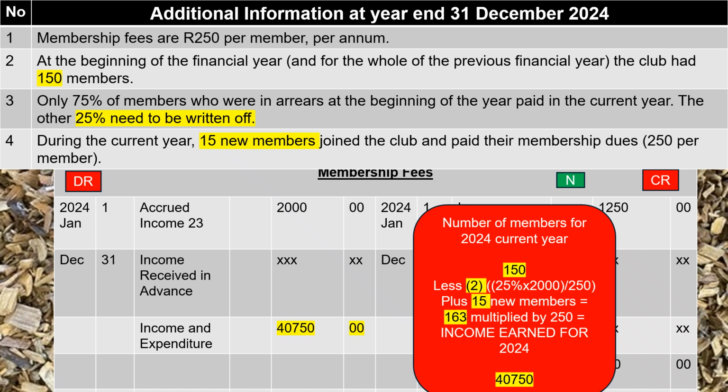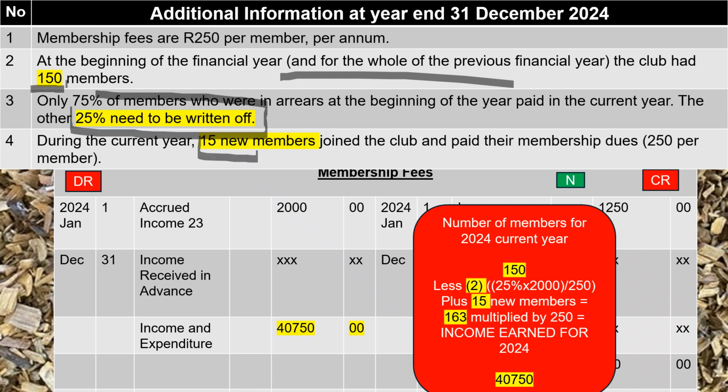This year, we're looking at the number of members. At the beginning of the financial year, they told us there were 150 members. It stays 150 members, except for the bad debts and the new members. So 25%, as you saw in the previous slide, of 2,000 relates to the fees that were in arrears from the previous year.